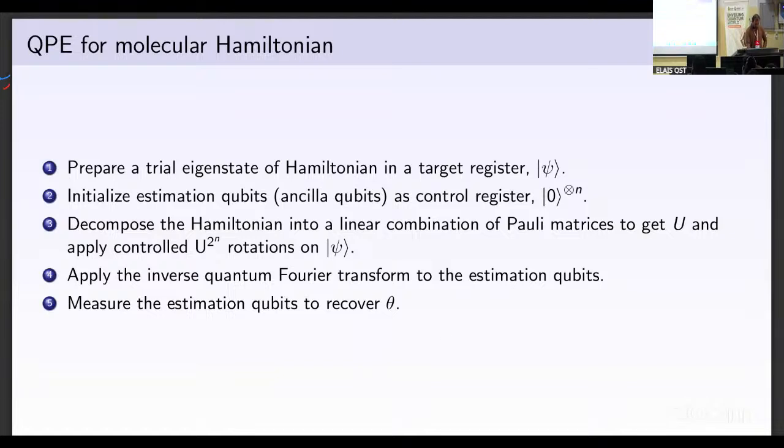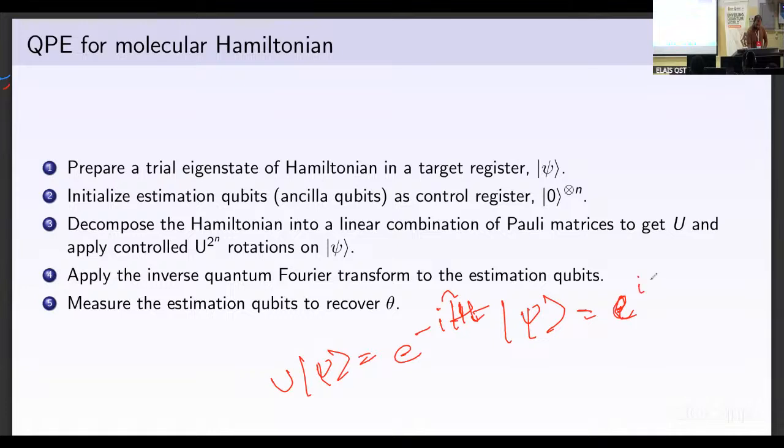So since we defined our unitary as an exponential, I mean, it is defined for the molecular Hamiltonian as e to the minus iHt. Its action, so U psi, its action will be like e to the power i E t.